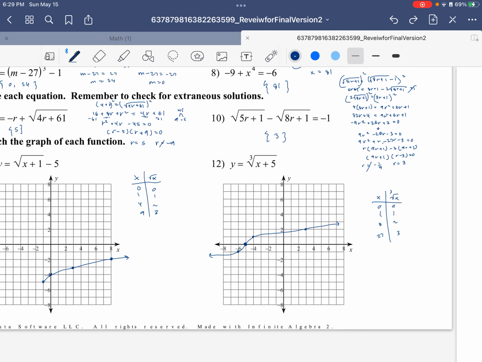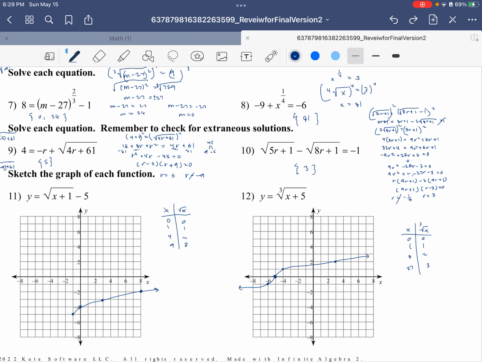Yeah, so when it's a cube root, or like to the 5 or 7 or 9 root of x plus or minus whatever transformation, your graph is going to continue in both directions. What if it's even?